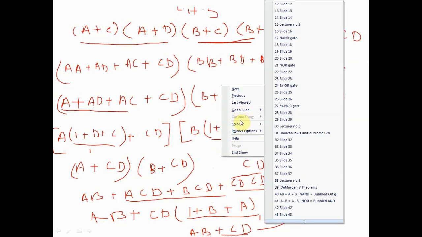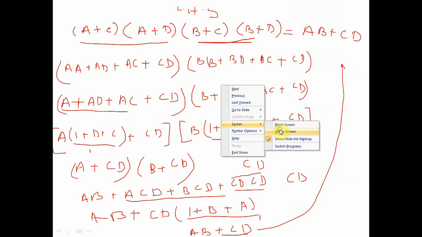These are some examples of the simplification of Boolean expressions.